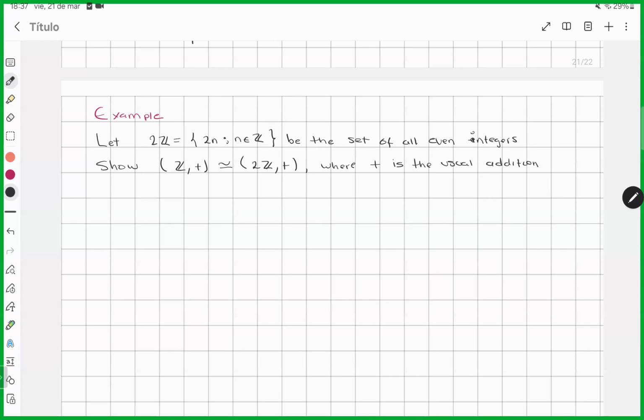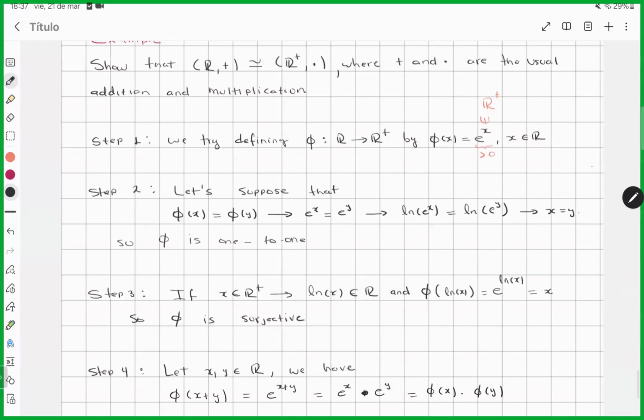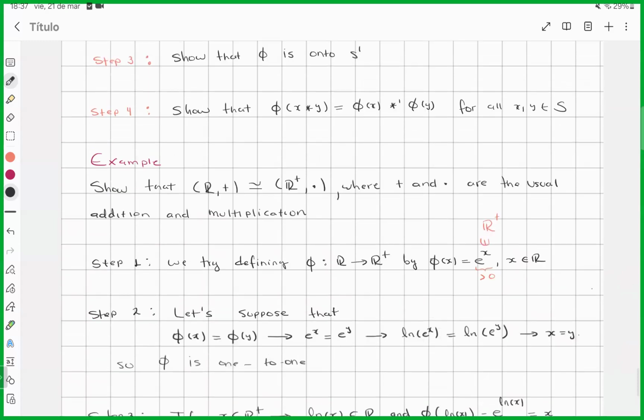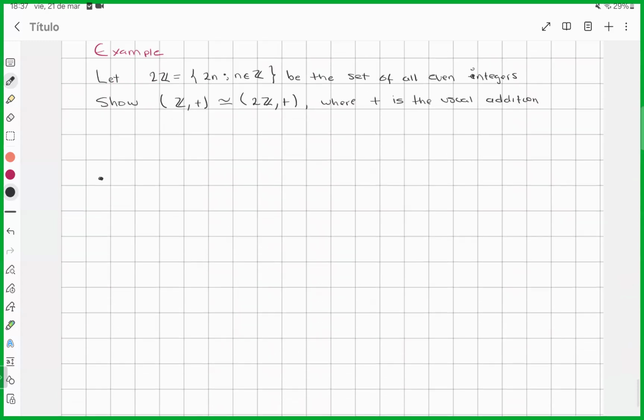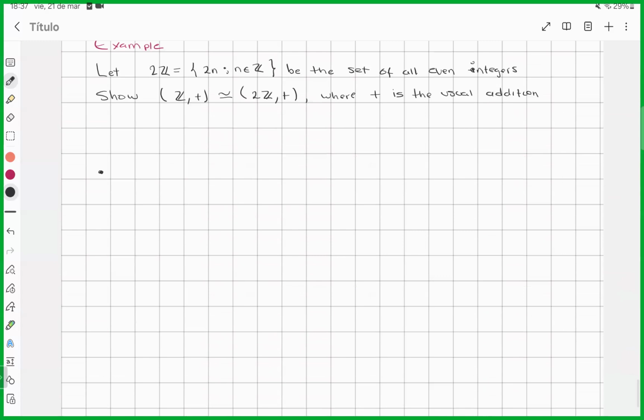Okay, so by step 1, we should define the function, right? So step 1, the obvious function to try is the following.